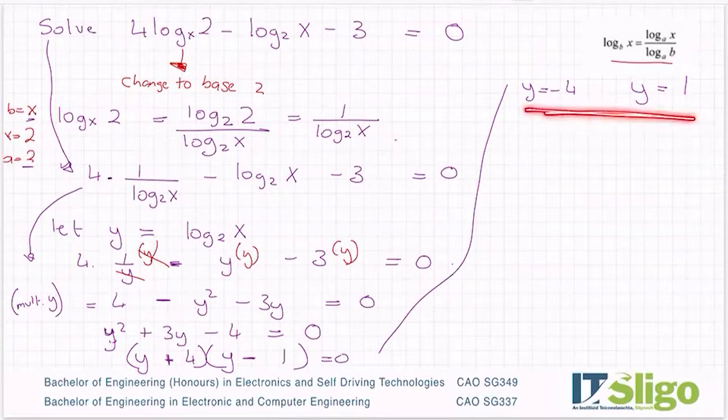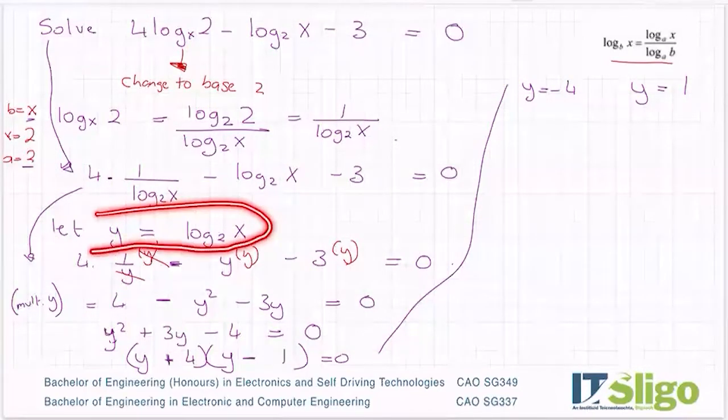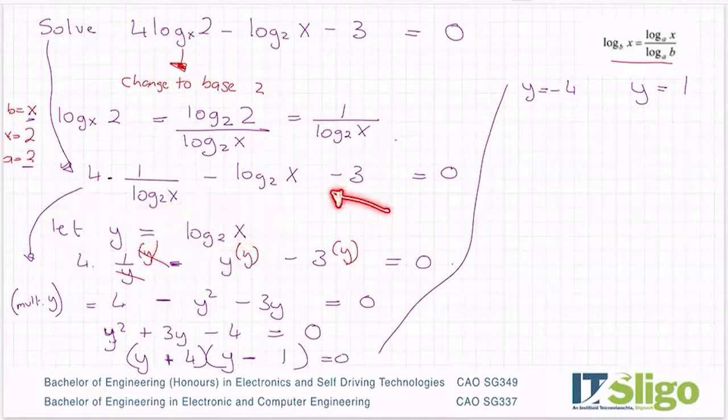Am I finished here? No, because when you were asked to solve this equation, you were told to solve it for x. X was the variable that was in your sum. We introduced y here as a temporary measure to help us solve this log question. So now we must remove y from our equation and solve for x. But y was equal to log to the base 2 of x.